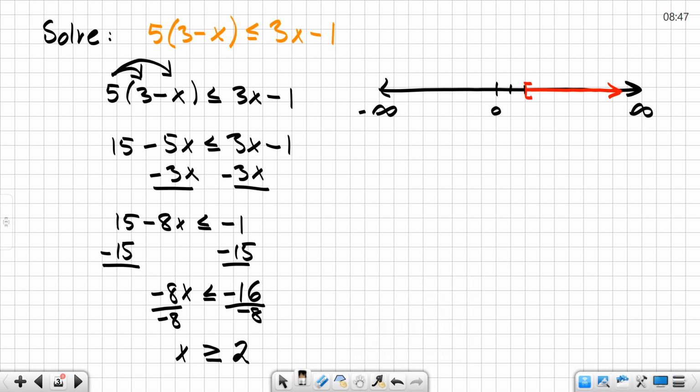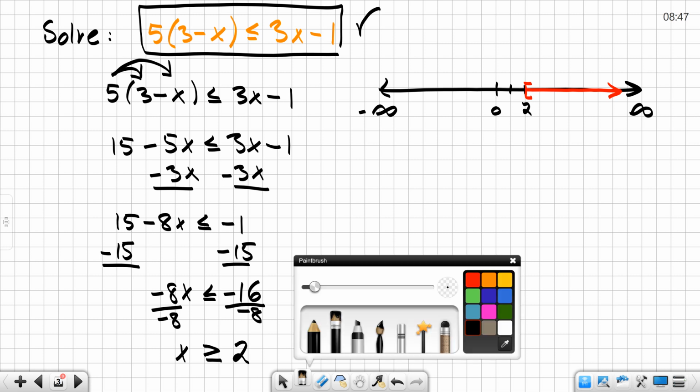Down here is positive 2. And all of the numbers in this interval, when I plug them back into this inequality, will turn this into a true statement. So one of the differences between linear equations and linear inequalities is that I have more than one solution.